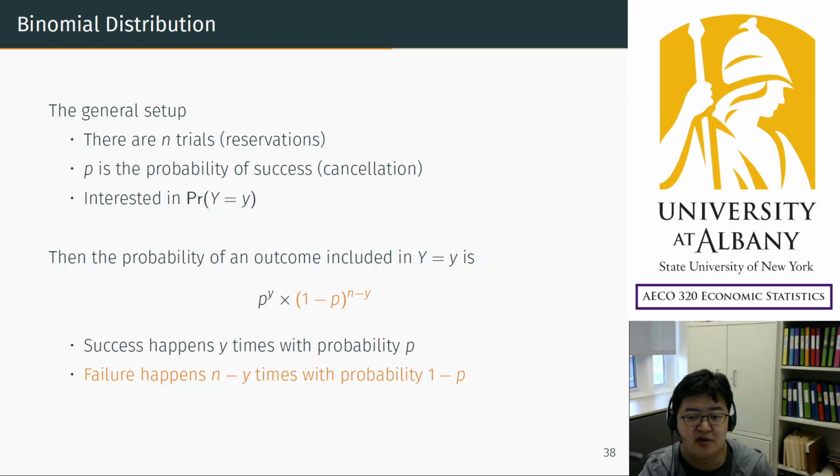So these two parts, success and failure, must be counted. What is often missing is the failure part, because everything is stated in terms of success. Like I said, the number of successes equals y. So many people forget about the failure. Failure must happen, right?